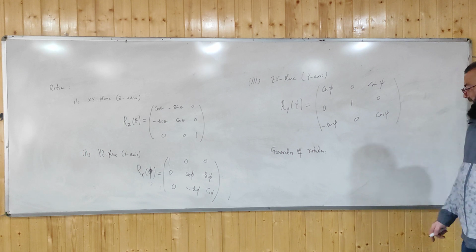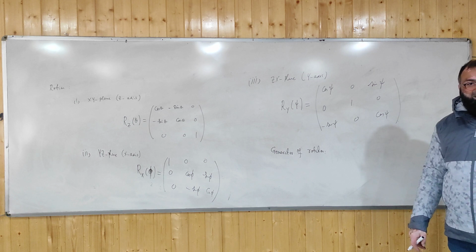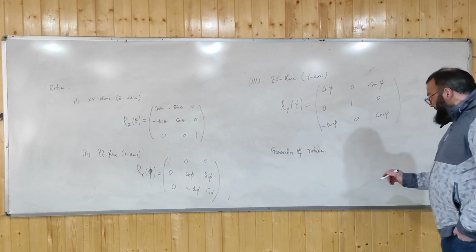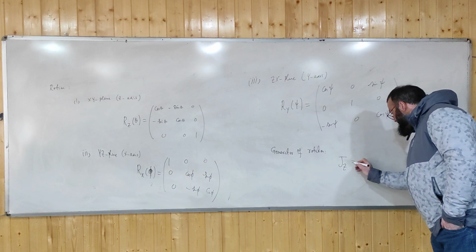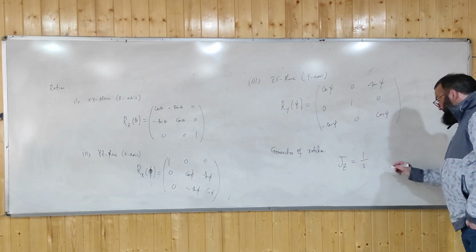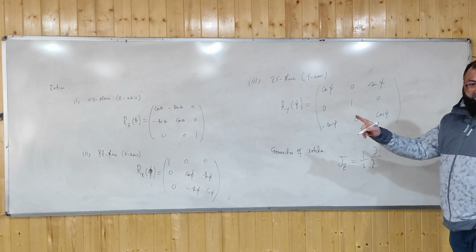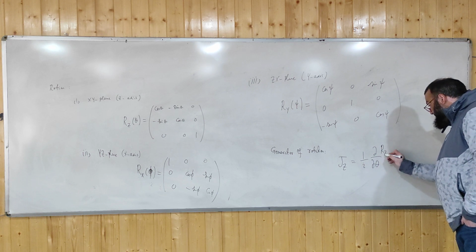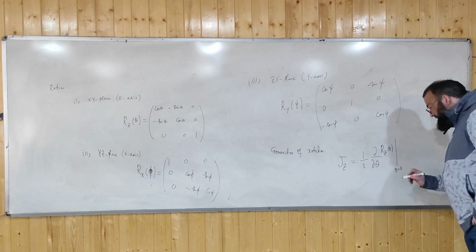Clear? So let's define a concept of what we call the generator of the rotation. Let's take first the z-axis. Let me define Jz as 1 by i, partial by partial theta, the parameter in that case, acting on this Rz theta, and you then take theta equal to 0.